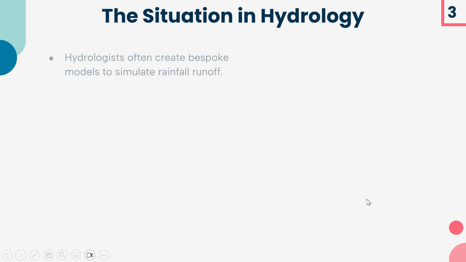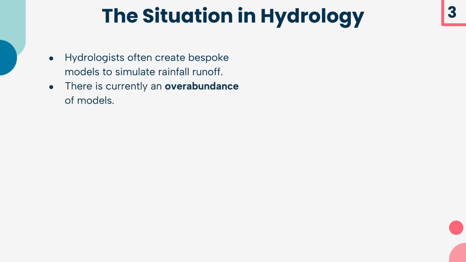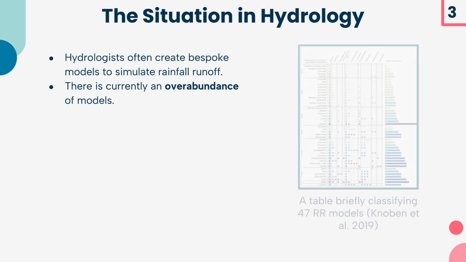So in hydrology, they often create bespoke models for each of these catchments to simulate this rainfall runoff. Now, if you do this each time you want to create a model for a catchment, then you're going to end up with loads of models. And since there are so many models, they lead to models that become exceedingly complex.